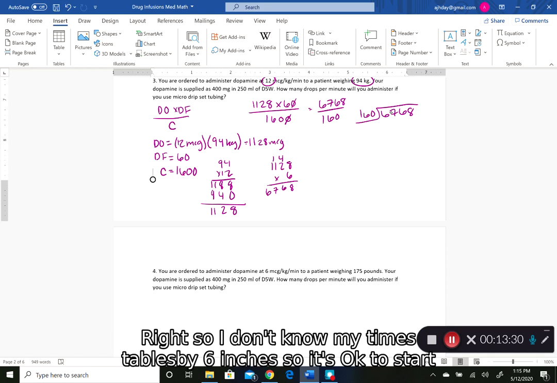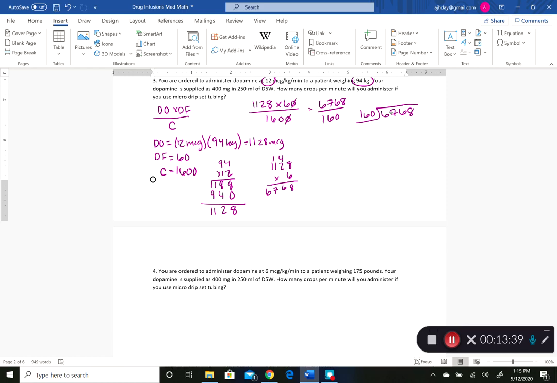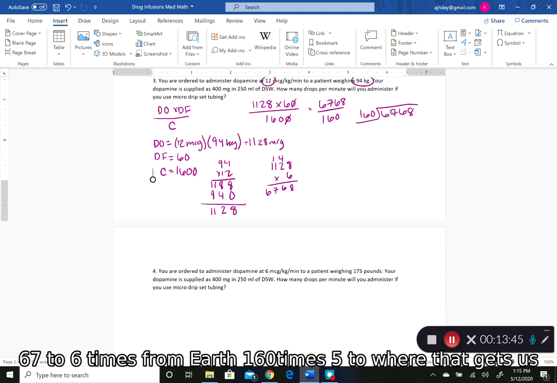All right, so I don't know my times tables by sixes, so it's okay to start kind of guessing a little bit and just play around with some numbers. Let's go ahead and try 160 times 5, and see where that gets us.